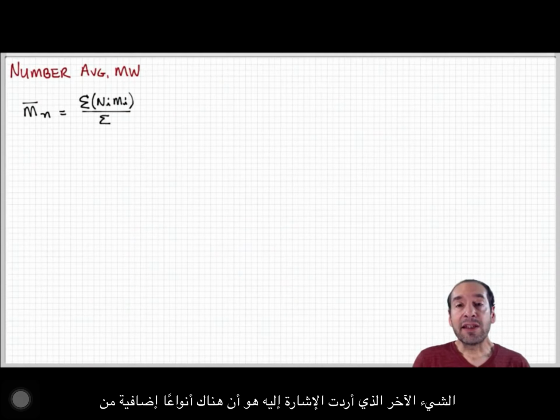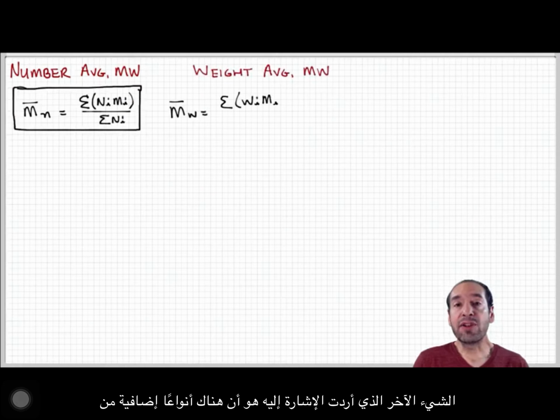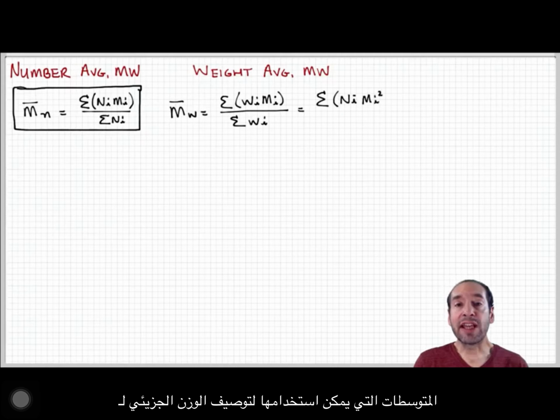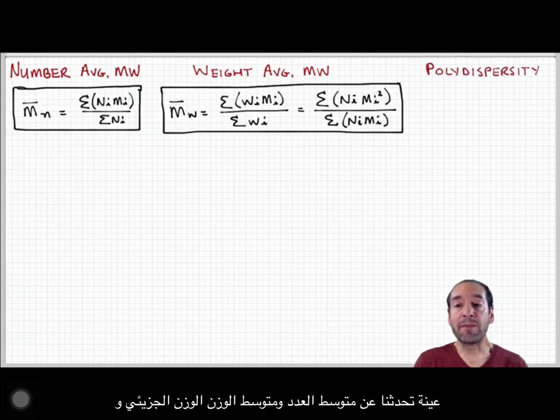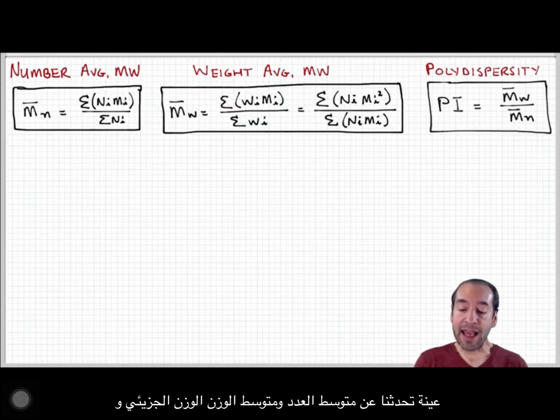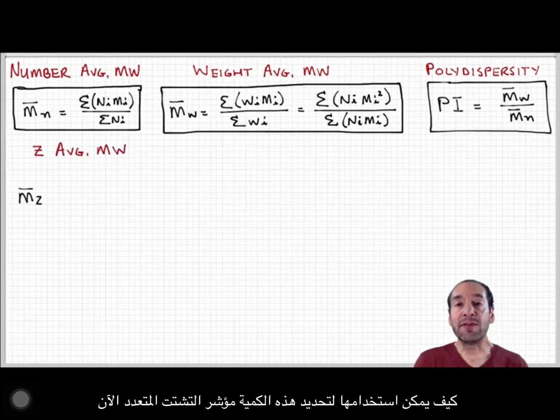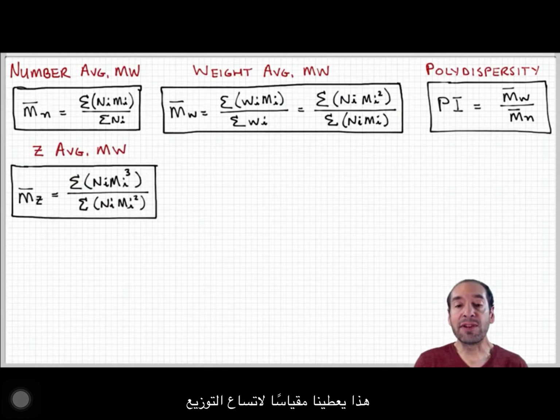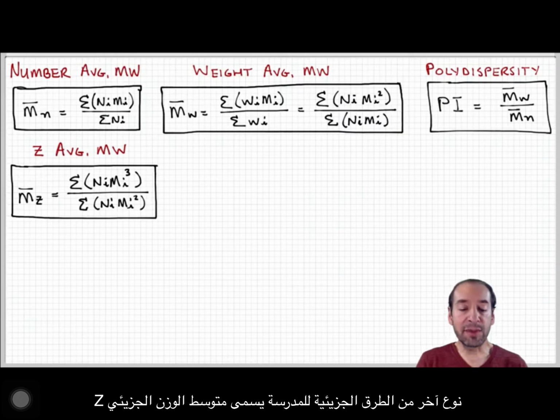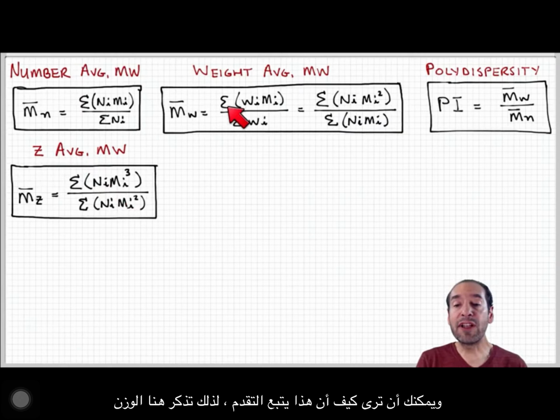The other thing that I wanted to point out is that there are additional kinds of averages that can be used to characterize the molecular weight of a sample. We talked about number average and weight average molecular weight and how they can be used to define this quantity, the polydispersity index, that gives us a measure of the breadth of the distribution. Another kind of molecular weight is what's called the z-average molecular weight. And you can see how this follows the progression.